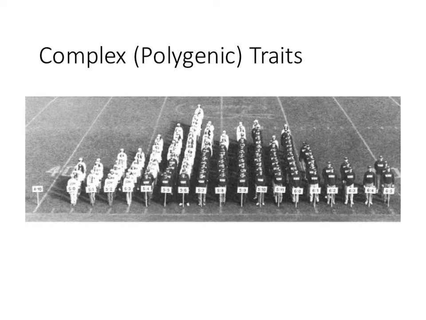Now, how do we do this for complex traits? Unfortunately, there are not many simple traits that are interesting to geneticists, evolutionary biologists to study. We love studying simple traits because they're simple. Less work for us. But a lot of traits that people are interested in evolution aren't just controlled by a single gene.